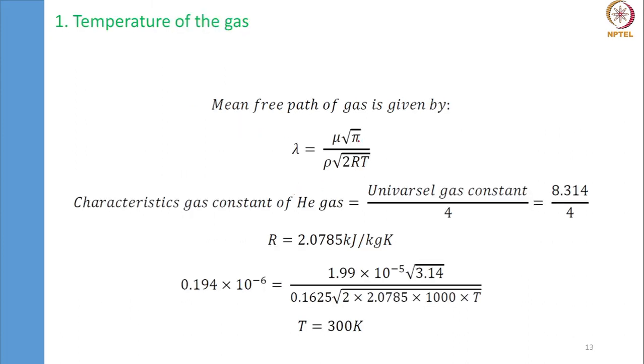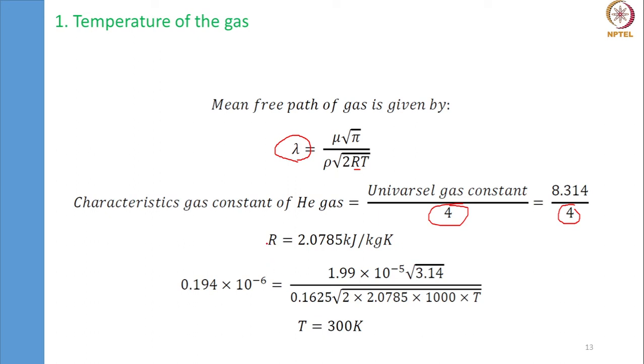So the mean free path of any gas is defined as lambda equals mu times root pi divided by rho into root 2 RT, where R is the characteristic gas constant, which is got from dividing the universal gas constant with the atomic weight of that gas. For helium, the atomic weight is 4, so we are dividing the universal gas constant with 4 and getting the characteristic gas constant as 2.07 kilojoule per kg Kelvin.